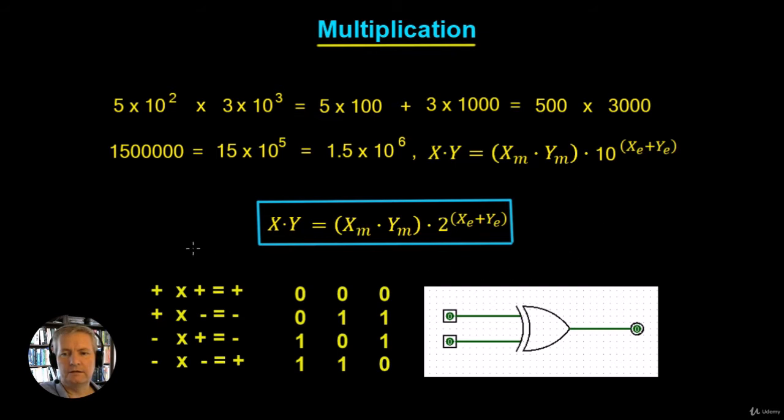So this is the basic idea of multiplying together our floating point numbers. We exclusive OR the signs, we multiply the Mantissas, and we add the exponents. It's really that simple. So let's go ahead and look at an example.